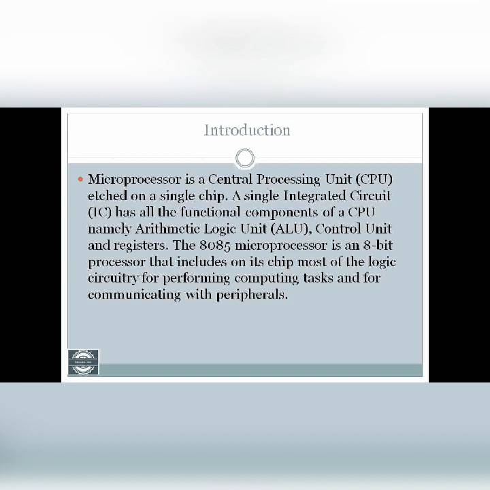If you're able to go through it totally, then it will be beneficial for getting ideas about other microprocessors, like the 8086 or any other series of Intel microprocessor or microcontroller. The 8085 is a microprocessor made by Intel.